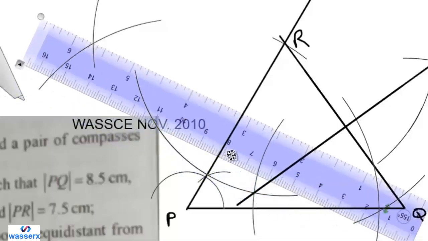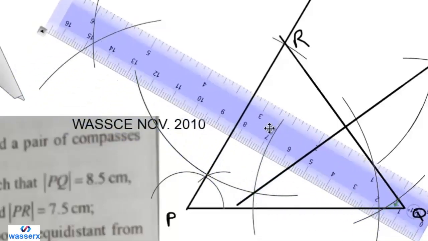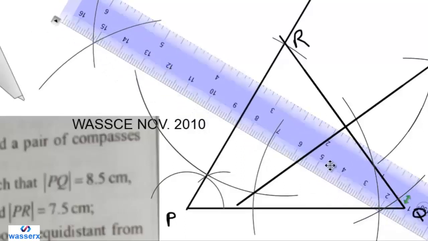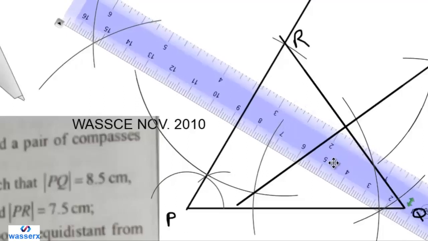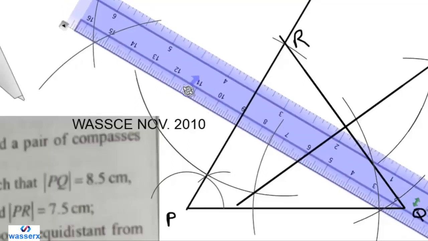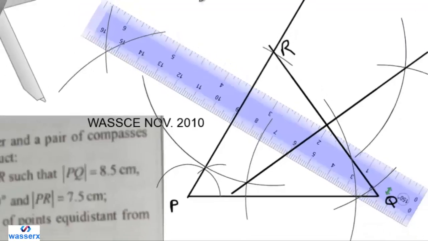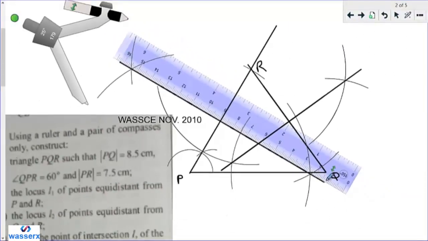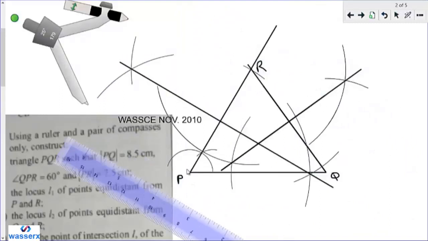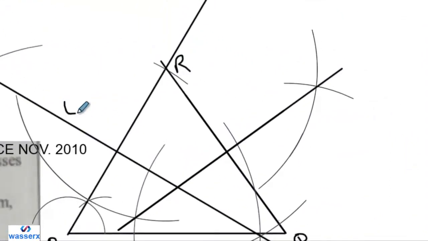So we have the first locus to be this. So we adjust our rule and get the connection right. So I think it's right. So now we draw the straight line through the points again. So this is our L1, and L2. So these are L1 and these are L2, and the intersection is L.